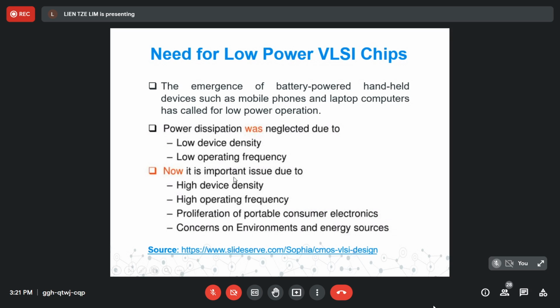It is quite an important issue. We now have to consider power dissipation because of high device density, high operating frequency, proliferation of portables and consumer electronics, and concern about the environment and energy sources.